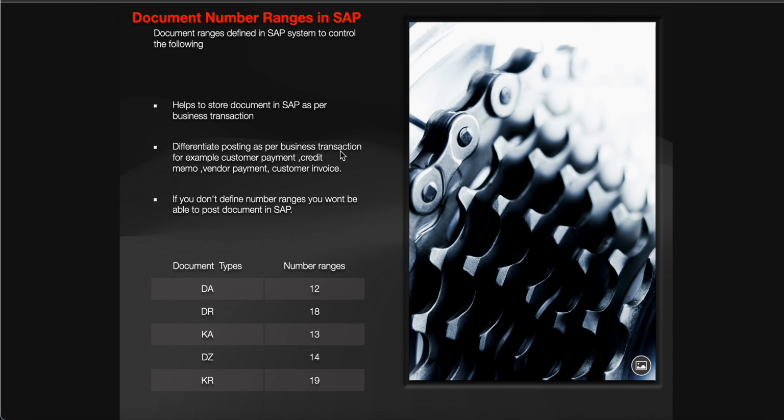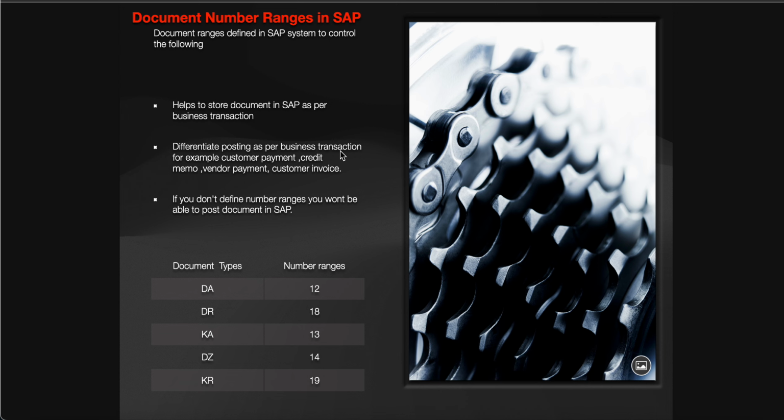In my past videos, I have explained the document types, as there are various document types when you talk customer invoice, vendor payment, vendor invoice, right? Whatever transactions you are posting in the SAP system, they get stored in the SAP.